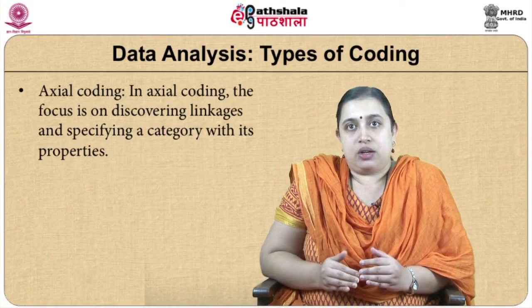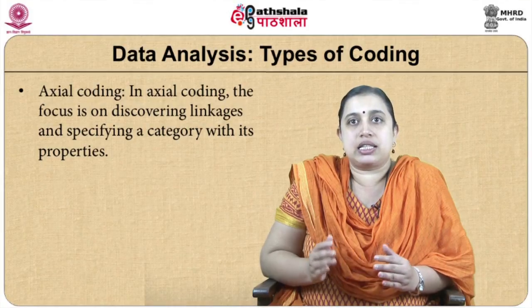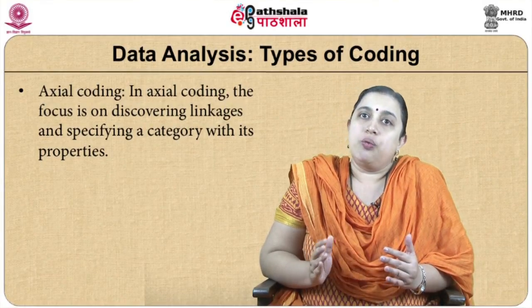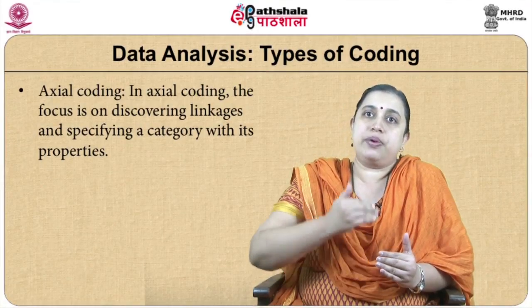Then the axial coding. In axial coding, the focus is on discovering linkages and specifying a category with its properties. So, it goes one step further than open coding. In open coding, only labeling takes place. In axial coding, its properties, its linkages start getting highlighted or coded.